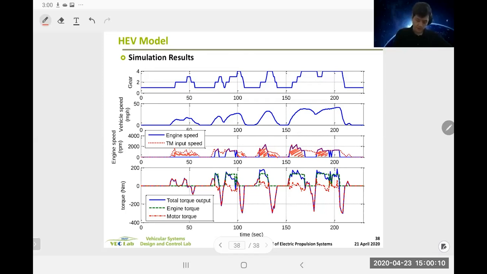When engine is on, the green one is engine torque, the red line is motor torque, and the blue one is total engine plus motor torque.